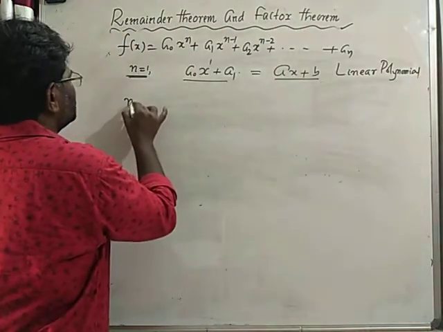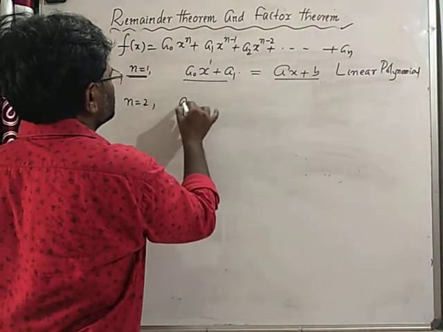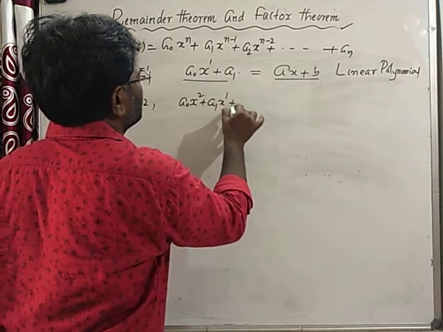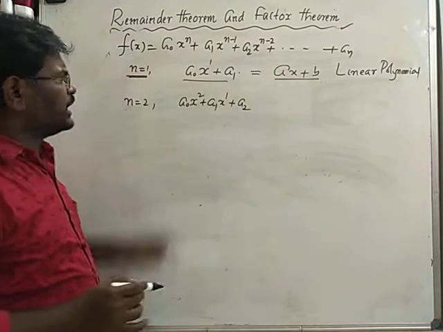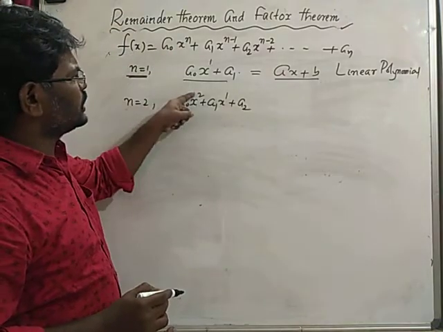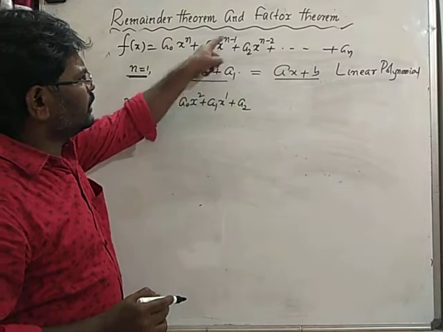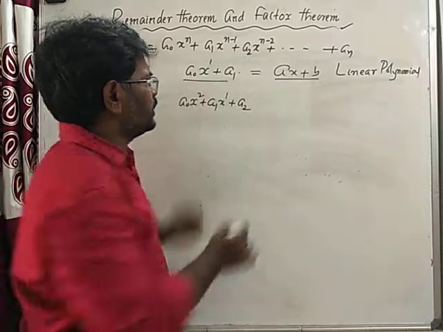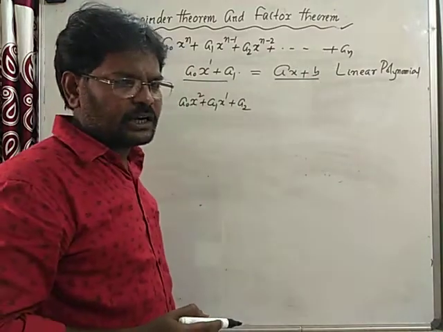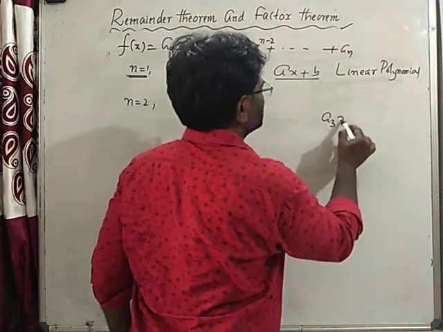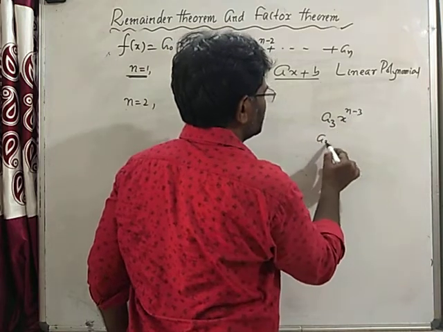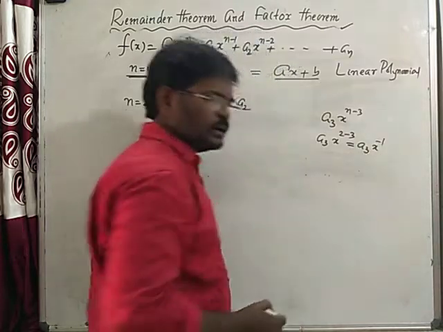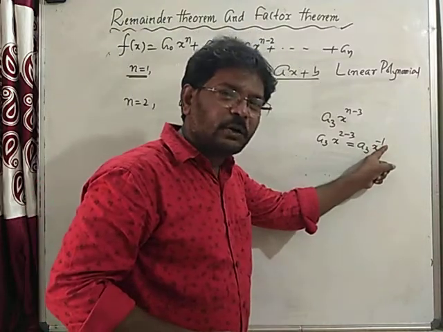And suppose n is equal to 2, it becomes a naught x power 2, a1 x power 1, a2. Observe that in a naught, in place of n we should replace 2. a1 x power 2 minus 1 is 1, 2 minus 2 is 0, x power 0 is 1. After that we should neglect it because a3 x power n minus 3, if you replace 2 minus 3, then a3 x power minus 1, this is a negative power.